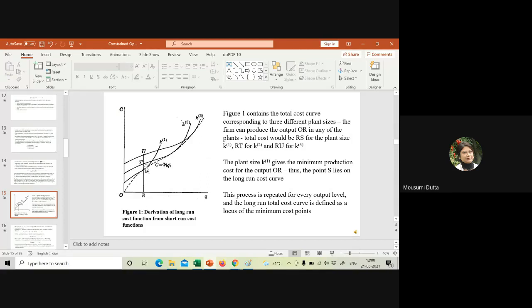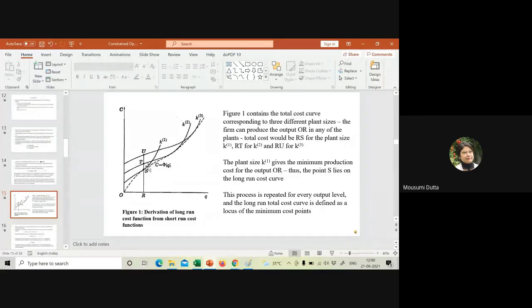And always your objective is to minimize the cost given the specific level of output. So which plant will be profitable? The first plant, RS.